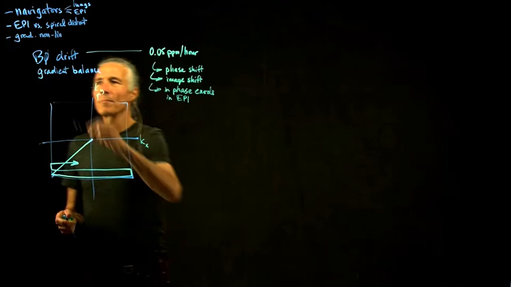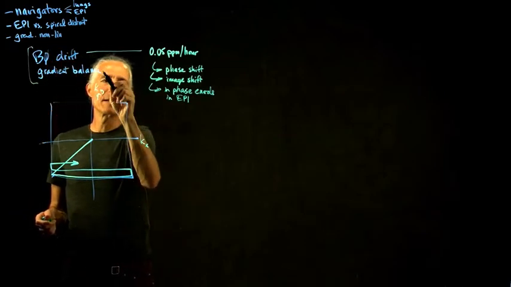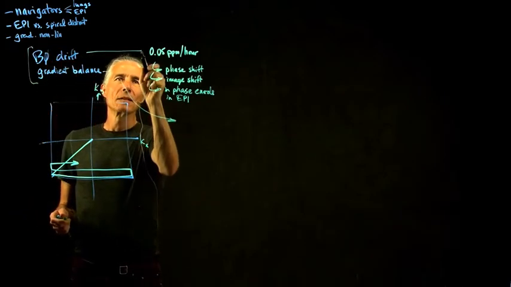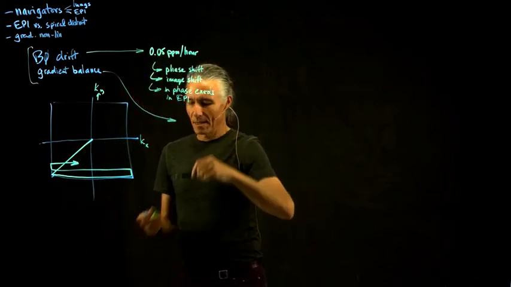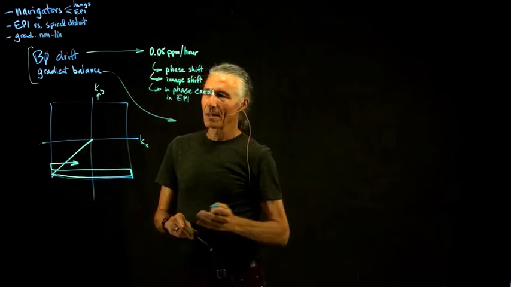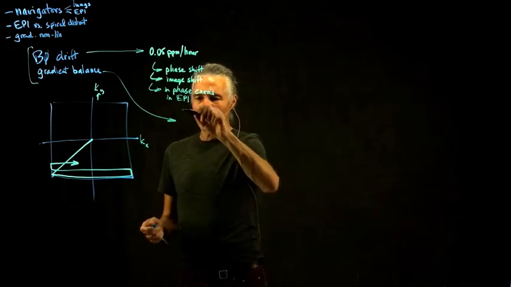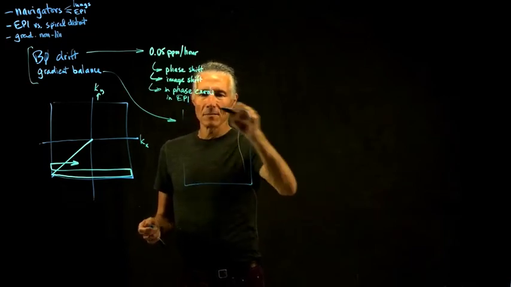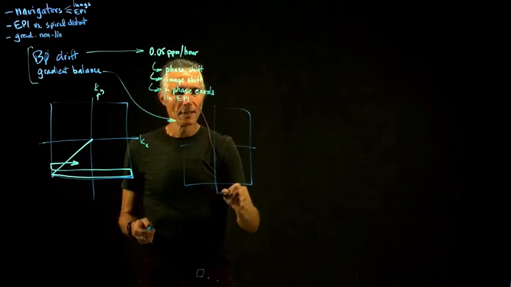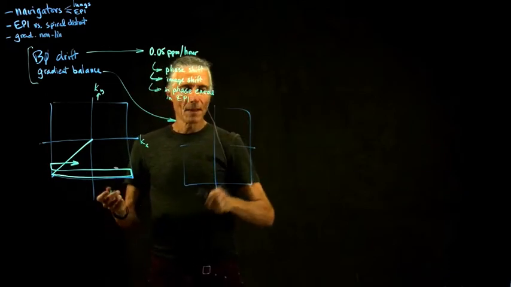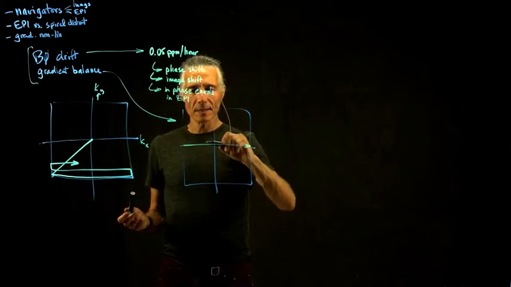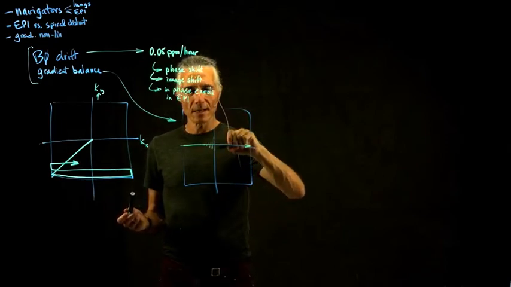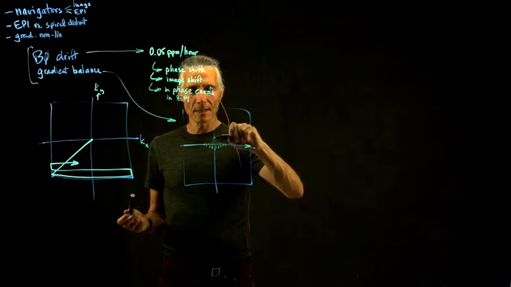But there's another problem, which is the gradient balance. What's the gradient balance? If you collect data, what ought to happen is that when you go this way across k-space, you ought to get an echo that's centered in k-space.